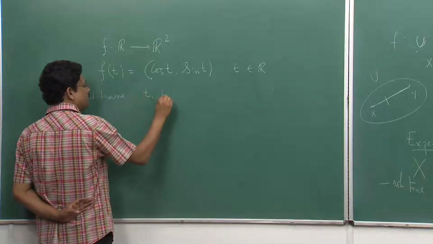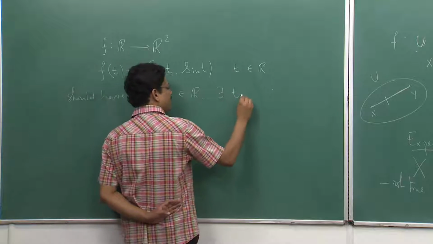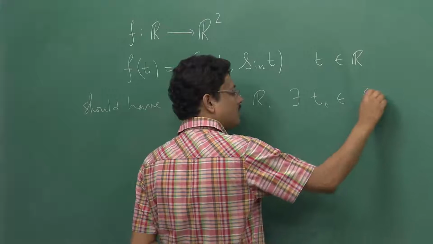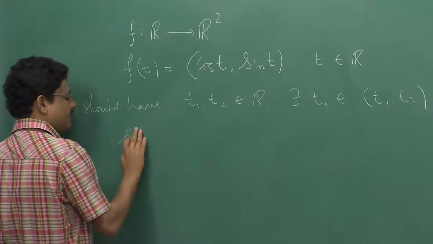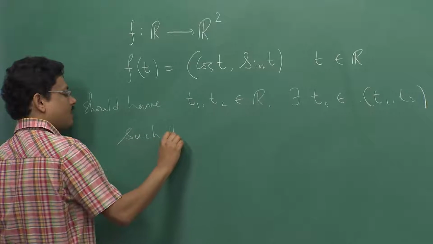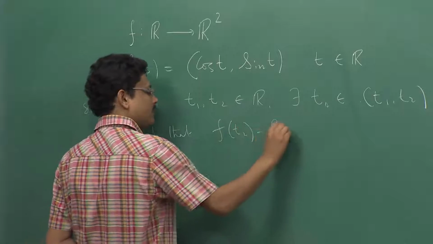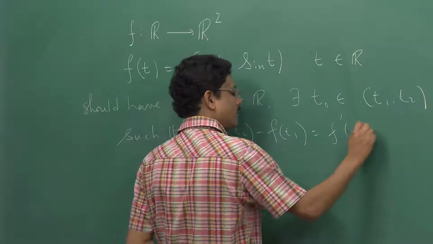Given T1, T2 in R, there exists T naught between T1 and T2 such that f T2 minus f T1 equals f prime at T naught.